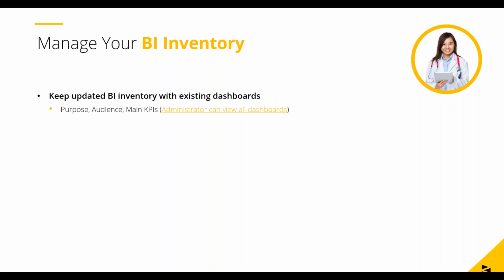Make sure to have basic information like what is the dashboard name, what is the purpose of this dashboard, who is the audience that this dashboard aims at, what are the main KPIs. Today in Sisense software, the administrator has access to that and can see all the dashboards, but the other users can't. So try to make such a list so there will be visibility.